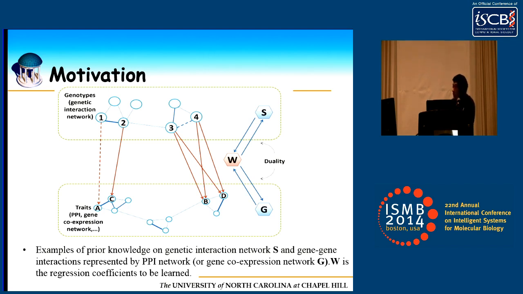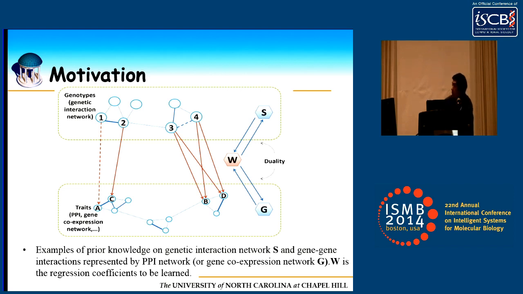And here, W is the association matrix that we want to infer. Different from previous models, here we will iteratively optimize the association matrix W and refine the prior knowledge S and G. And we can further integrate the location information and pathway information and use that to help us refine the prior networks.